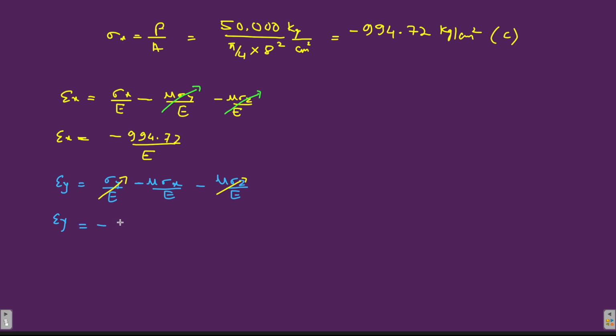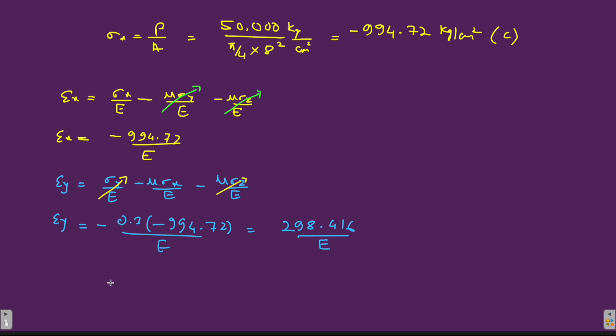So a negative sign, then mu is 0.3, then again a negative sign because it is compressive stress, 994.72 by E. So it will come out to be plus 298.416 by E, and this comes with a positive sign.